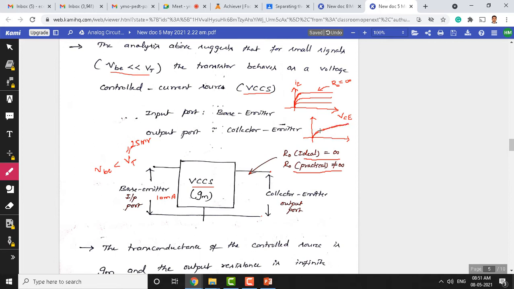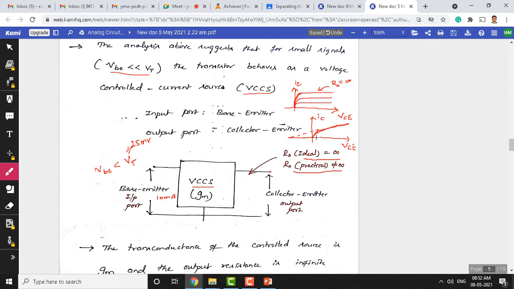This is due to the early effect. When we extend this to the second quadrant, it will meet at some point here, right? Recall this is the early effect we mentioned. Here again VCE versus IC.